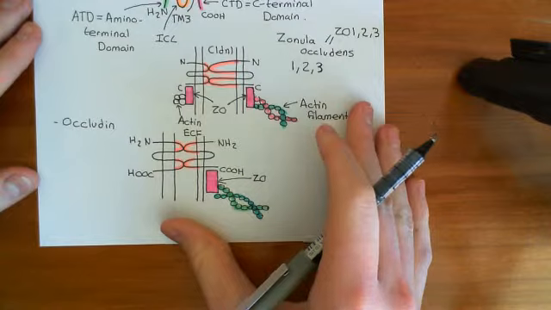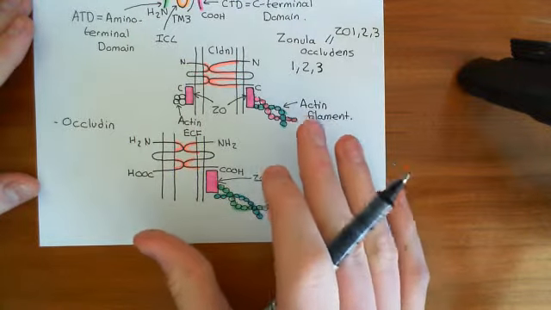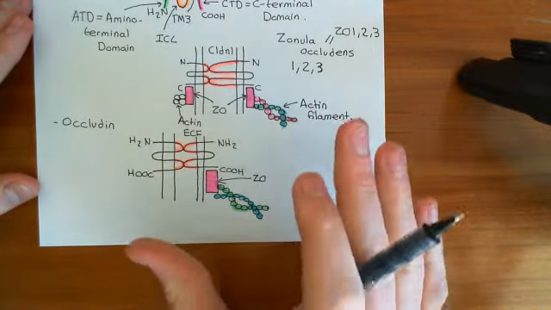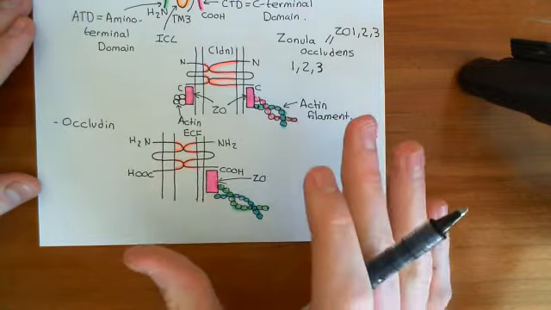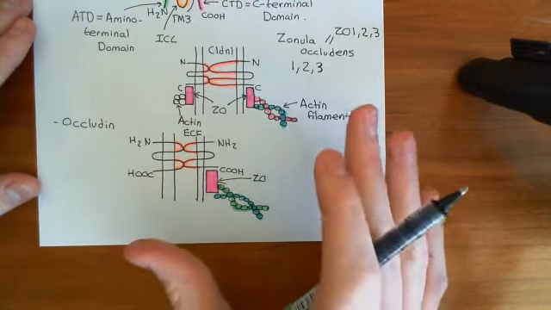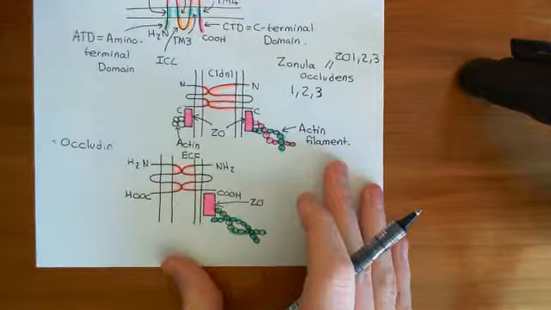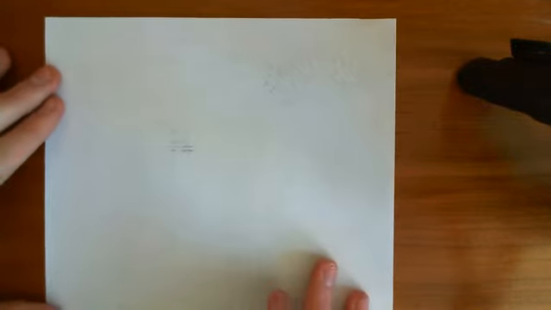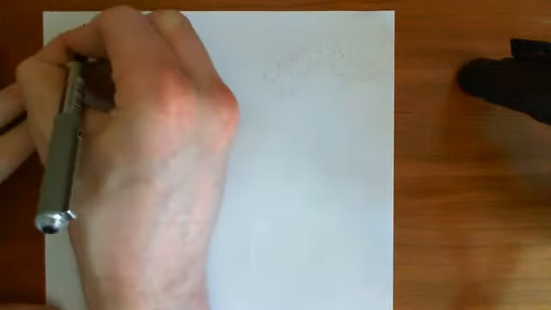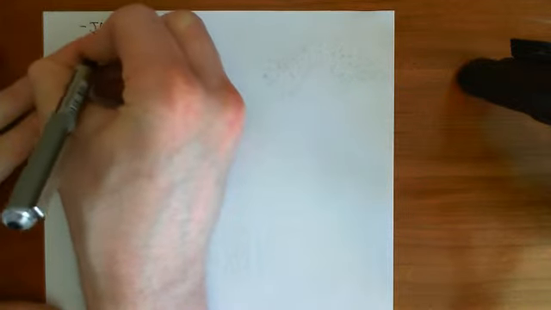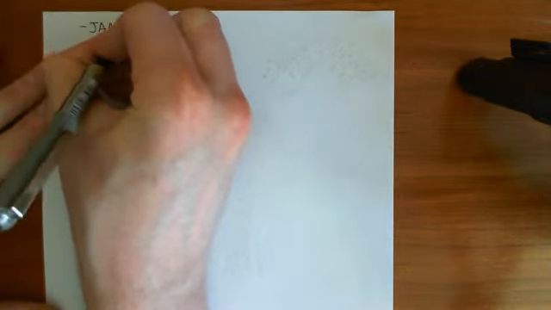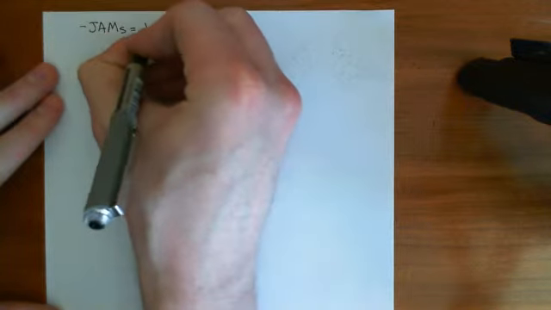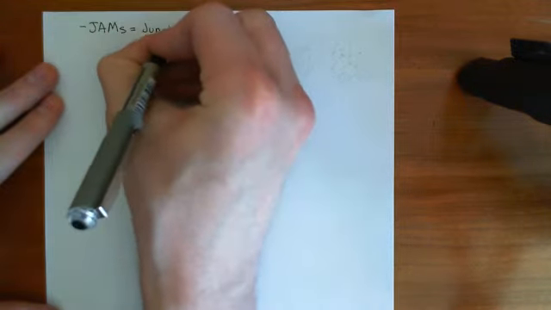Now there is one final family of cell adhesion molecules which is going to be involved in sealing the gap within tight junctions, and I'd just like to mention this family. This final family is the family of JAMs, and JAMs stands for the junctional adhesion molecules.